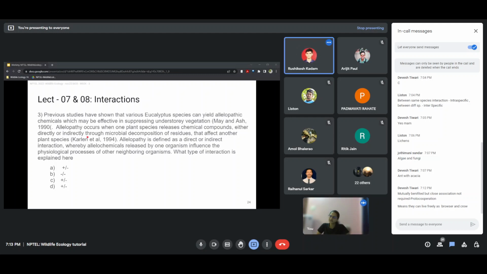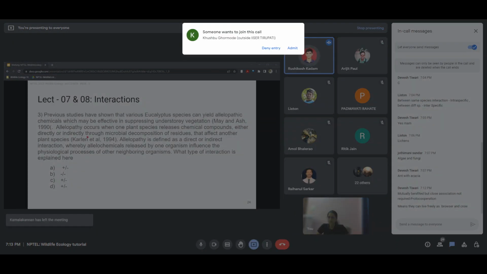Why is it the first option? Could you tell me something about eucalyptus? Right, affected.